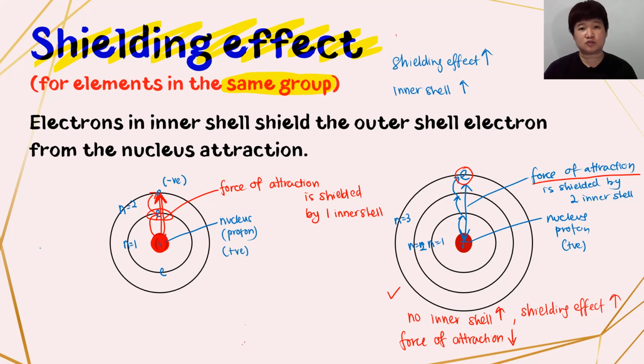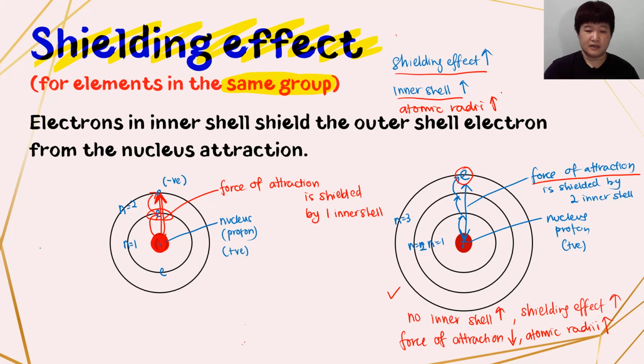When the valence electron is far away from the nucleus, the atomic radii increases. Okay? So bear that in mind, when the shielding effect increases due to the higher number of inner shells, the atomic radii will also be bigger.